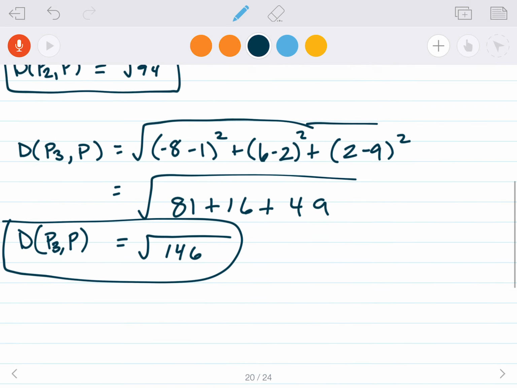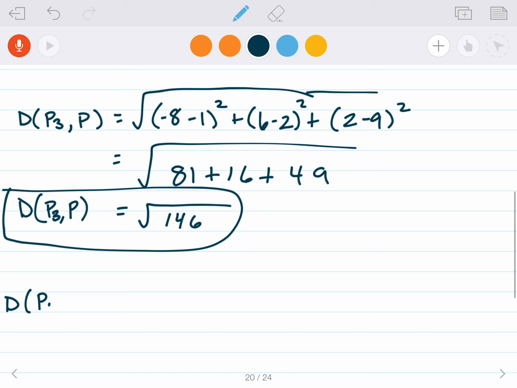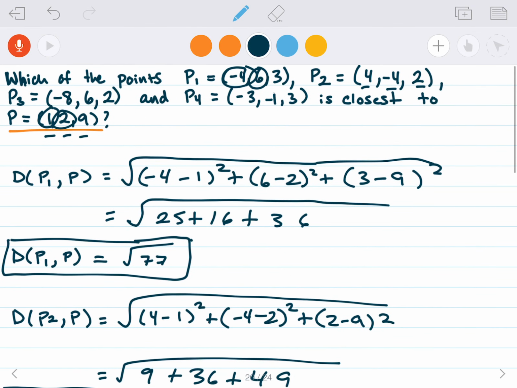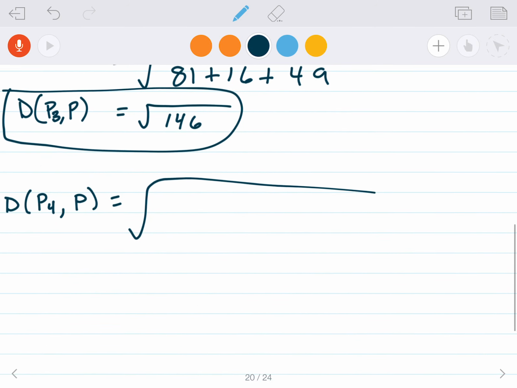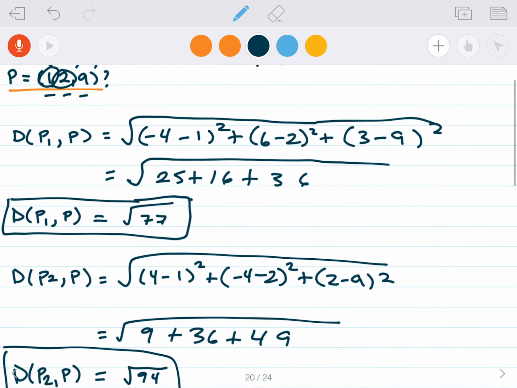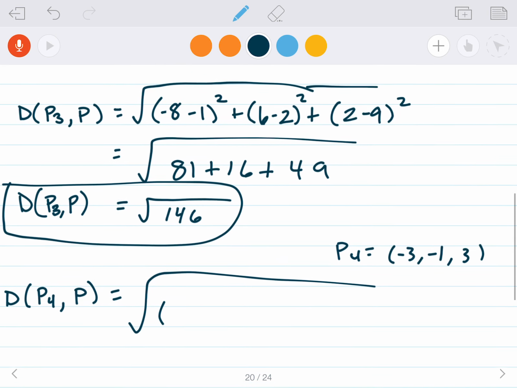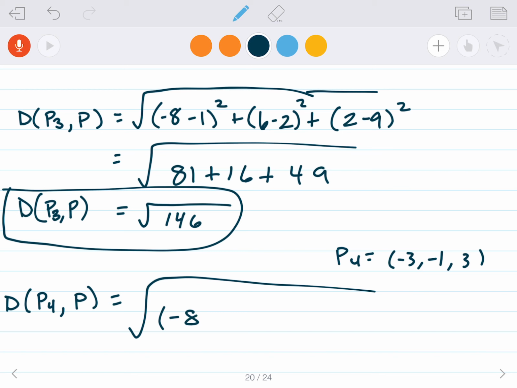All right, let's do the last one, P4 and P. So P4 is negative 3, negative 1, 3. So we have negative 8 minus negative 3 squared plus 6 minus negative 1 squared plus 2 minus 3 squared.